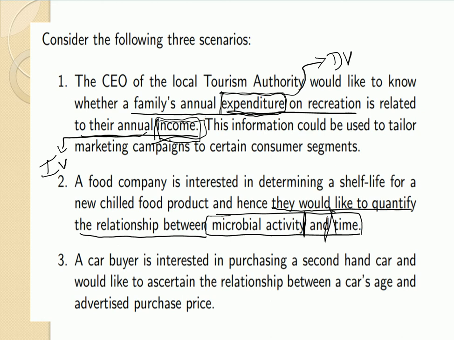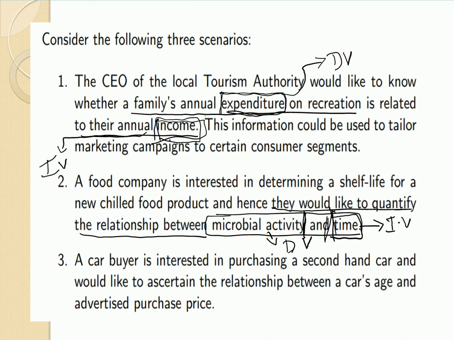So time determines the microbial activity, and as a result, time would be the independent variable and microbial activity will be the dependent variable, because as time proceeds, the number of microbes in the petri dish will either increase over time or decrease over time.